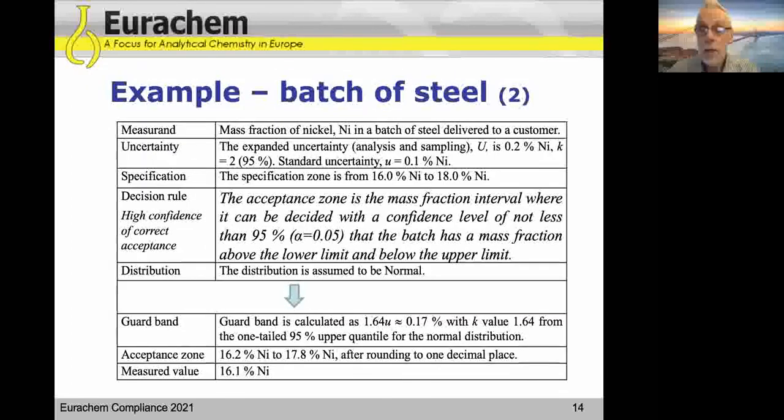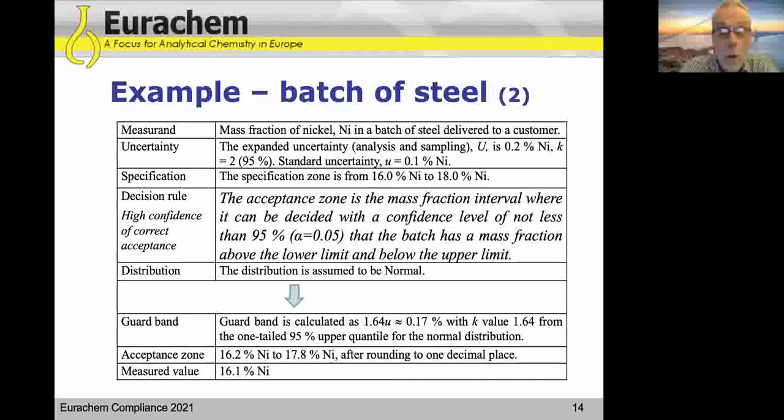I will give you an example for the batch of steel we just talked about. Here we know that the uncertainty is about 0.2% nickel, taking into account sampling and analysis. That means that the standard uncertainty is 0.1% nickel. Now we want to have high confidence of correct acceptance. We want to be very sure that the nickel value is between 16 and 18. That means that the acceptance zone will be decreased.